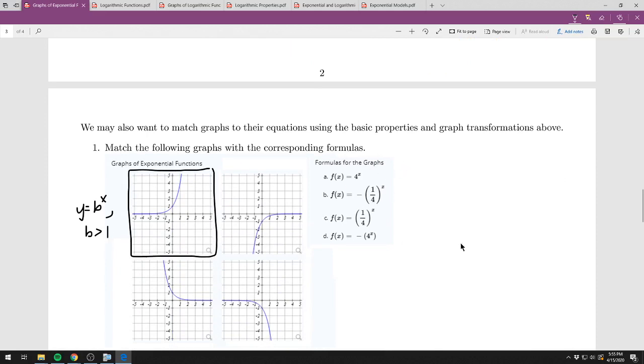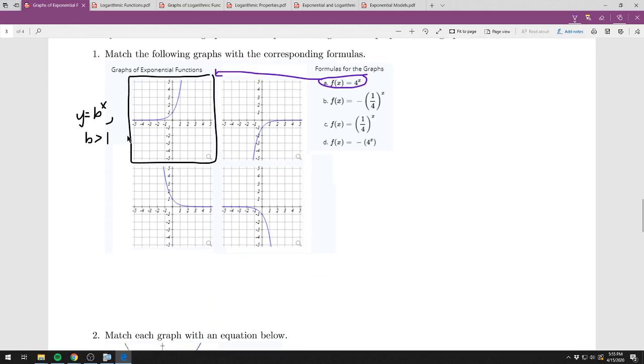Now if you look at the choices here, there's only one of those. B and C have b between 0 and 1, so it's not going to be either one of those. And D has a negative sign in front of it. Because it has a negative sign in front of it, this flips over the x-axis. Right, that's what negative signs do in front of equations. That means the only possible choice is A. It's the only one that works.